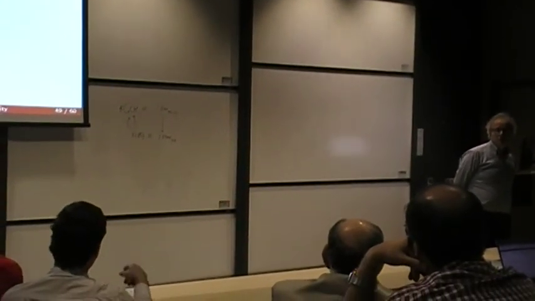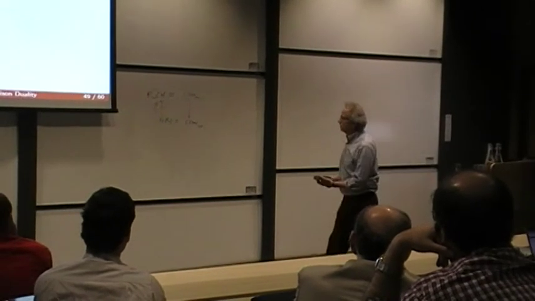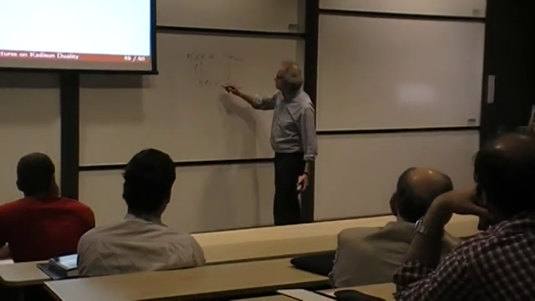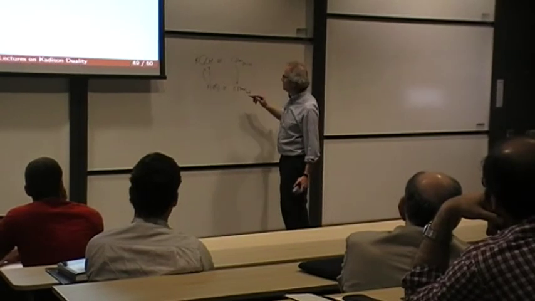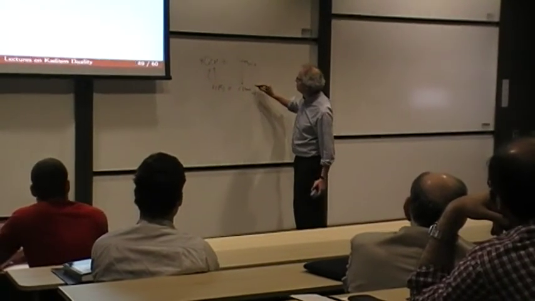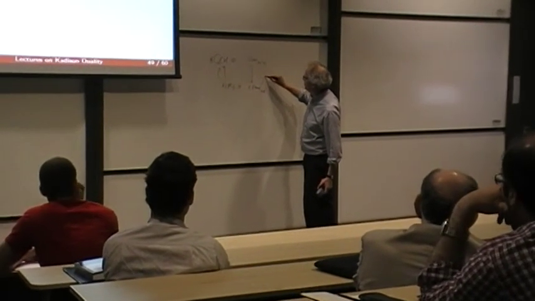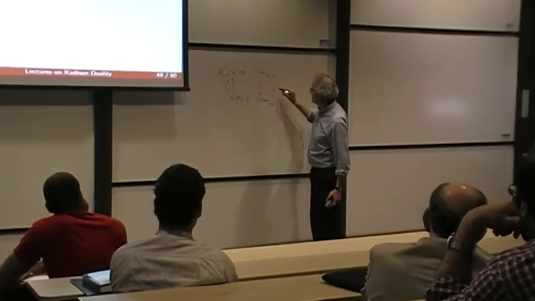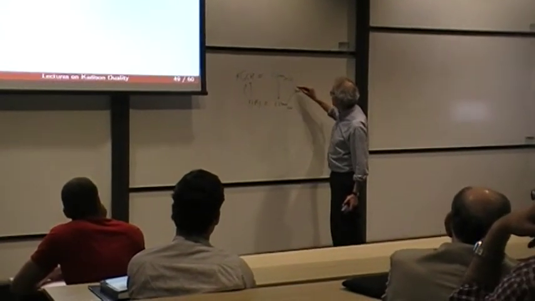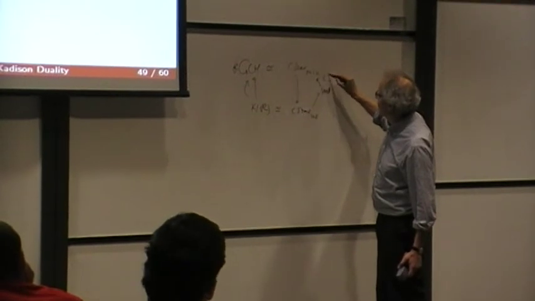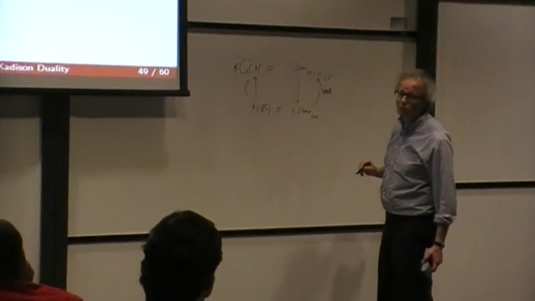What is this right adjoint in the commutative case? I think you go like this. What you can do is you take the states and then you take the continuous functions on the states.